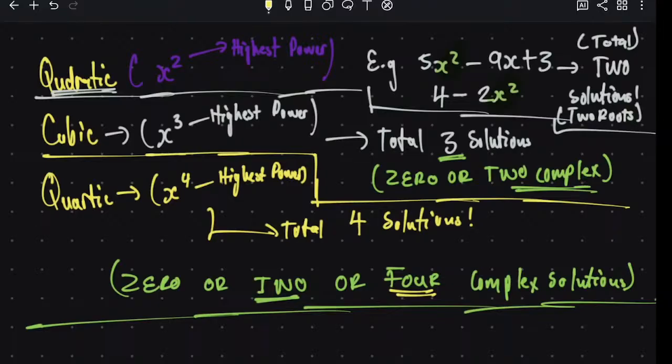I will write it, but can people just write that? Quartic, I should have 4 in total, and my complex can be 0 or 2 or 4. For cubic, I should have 3 in total, and my complex should be 0 or 2.